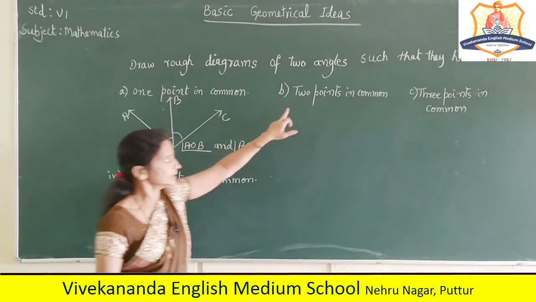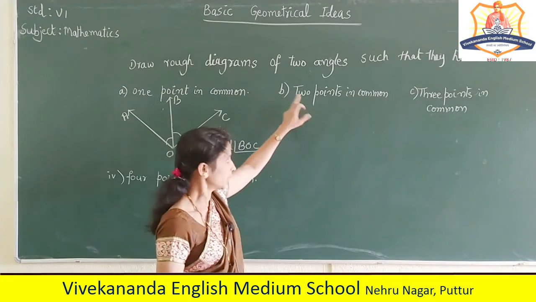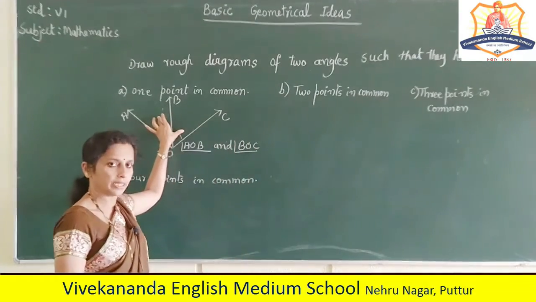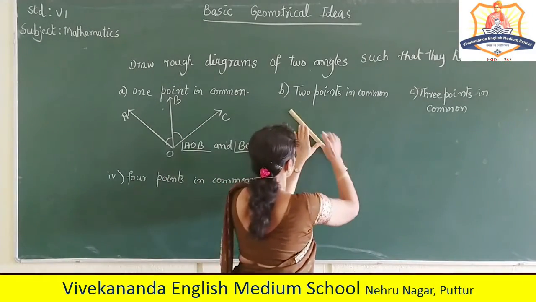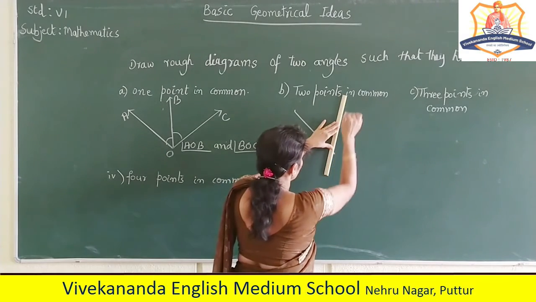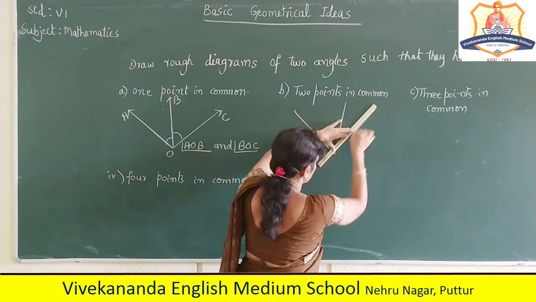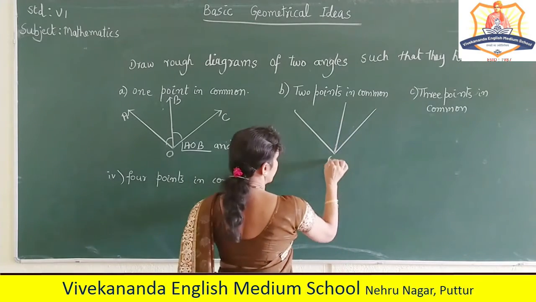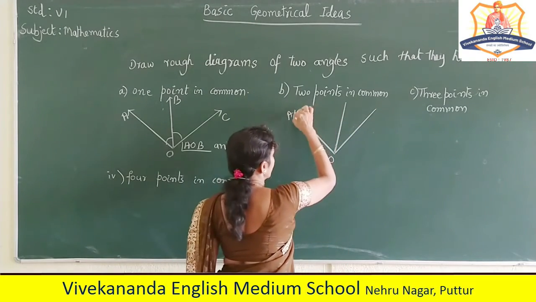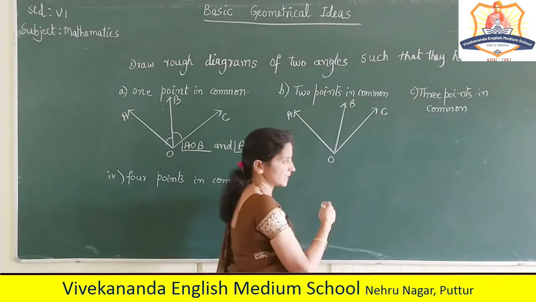Now here the second one, 2 points in common. So what you can do? You can draw the same figure. Here we have to mention 2 points in common. So, OA, OB and OC are the three rays.